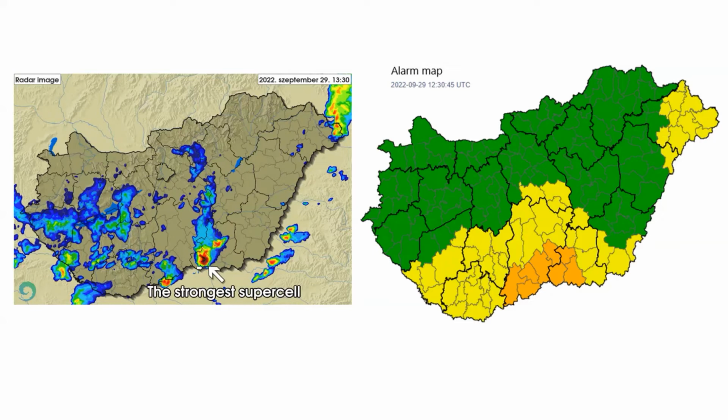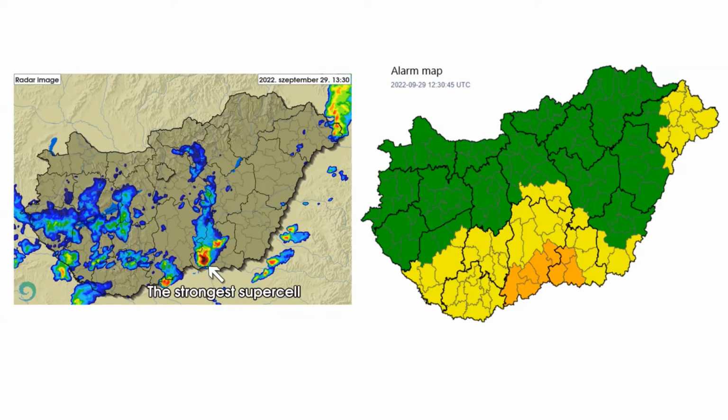And this supercell was formed near the south boundaries, and this caused the most damage in our country, mainly the large hail and harmful wind gusts.